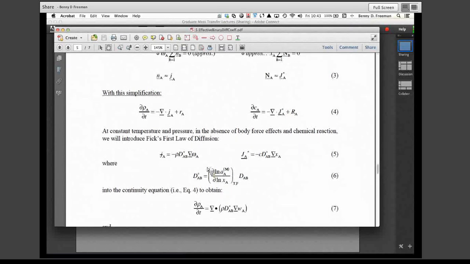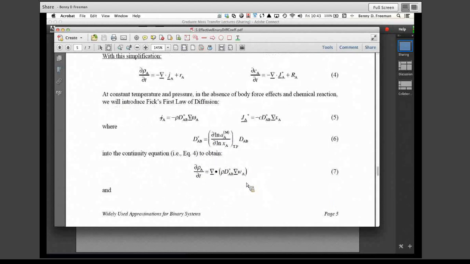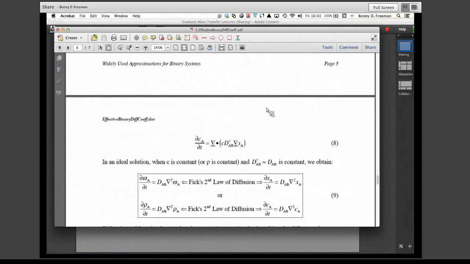And at constant temperature and pressure, and in the absence of species-specific body force and chemical reaction, we can write these fluxes as shown here and write the continuity equation of the species-specific mass balance as shown in equation 7. The molar analog is here.